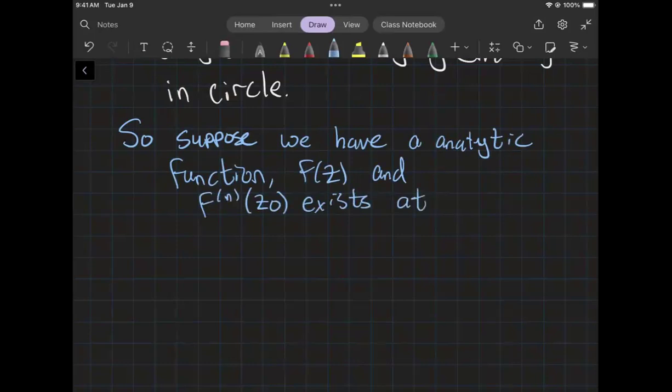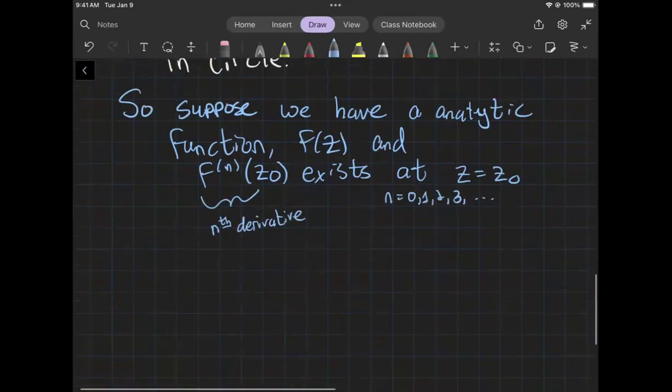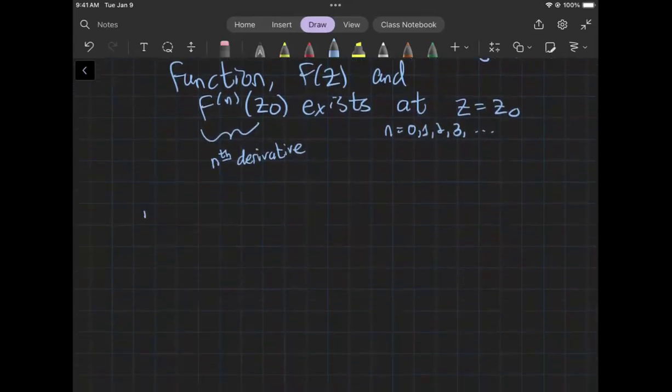So at a point z equals z naught, this notation indicates the nth derivative, where n is equal to 0, 1, 2, 3, and so on. So it's infinitely differentiable at z naught.